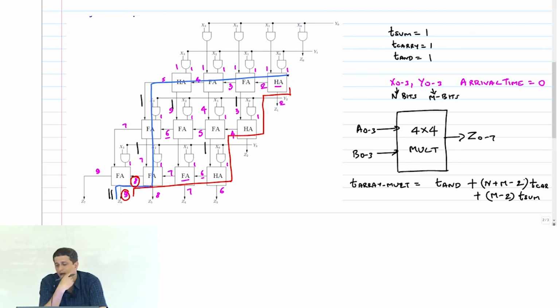Now substitute and see, do we get 9? We do, right? Okay, this seems to make sense.